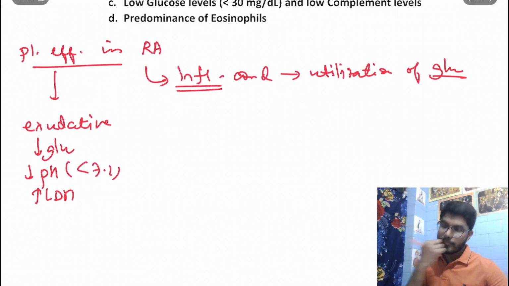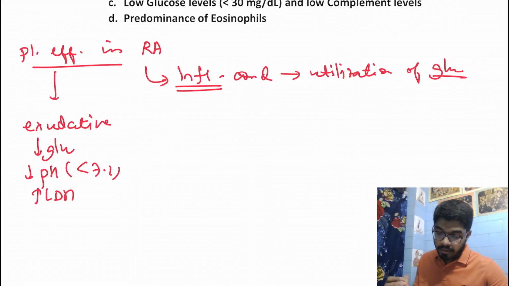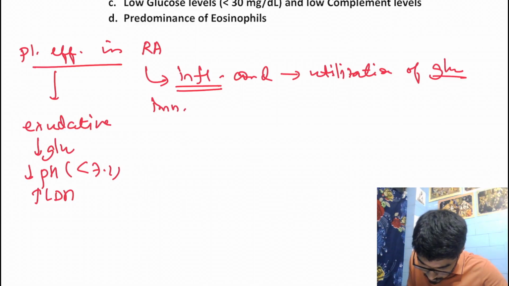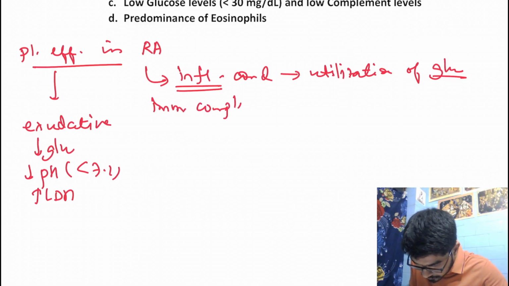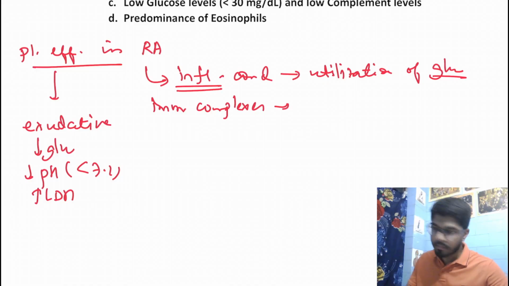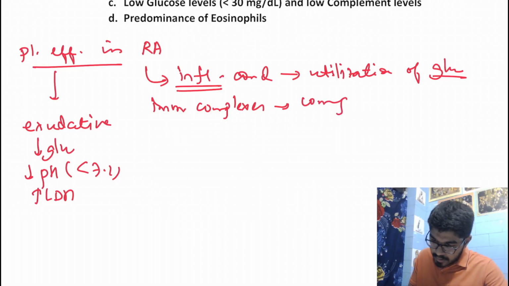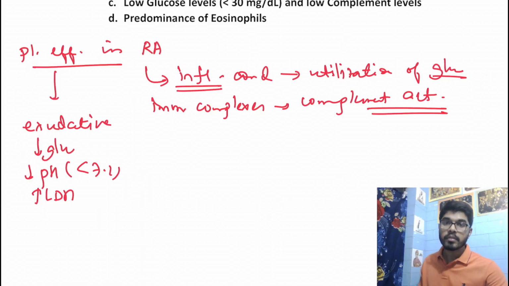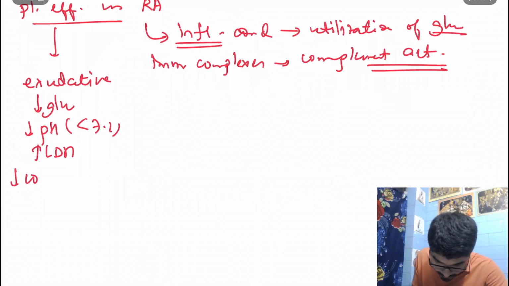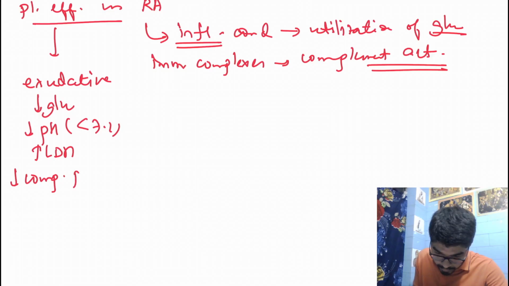Besides that, in rheumatoid arthritis the inflammation is set off by immune complexes. I'm extremely sorry for the background noise. These immune complexes result in complement activation, and due to this there would be decreased complement proteins, specifically C3 and C4.